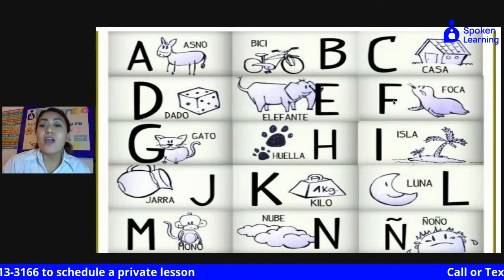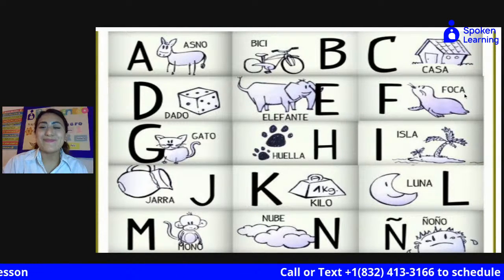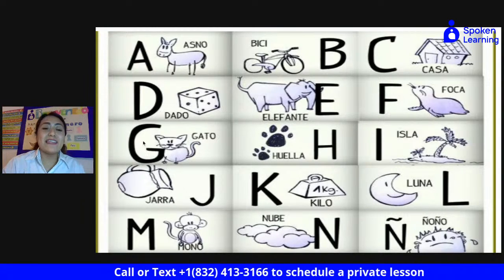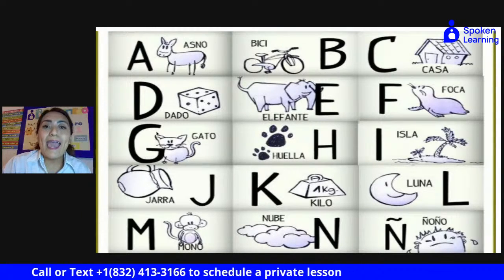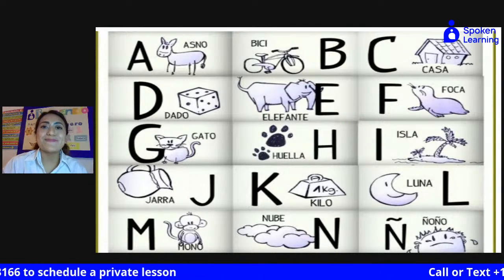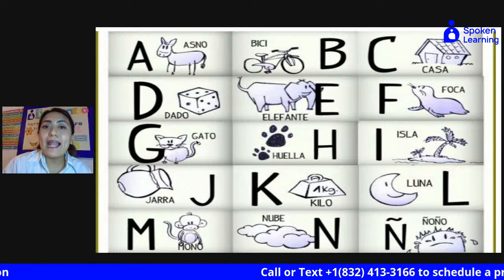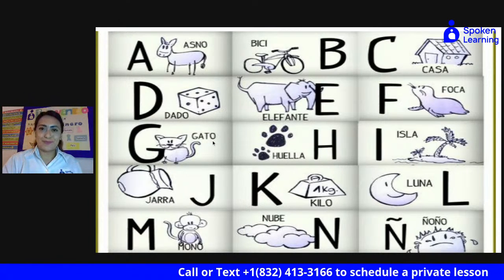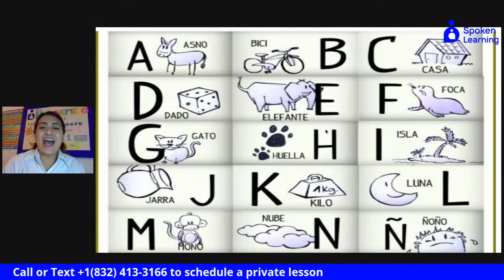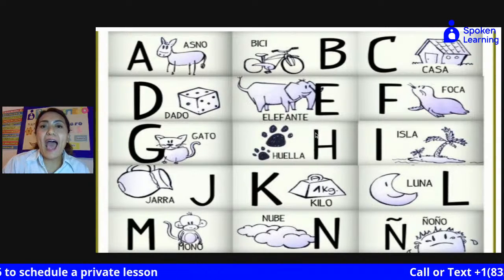F. For example, foca. Good. Okay, now the consonant G. G. Exactly. For example, gato. Nice. And then we have the consonant H.